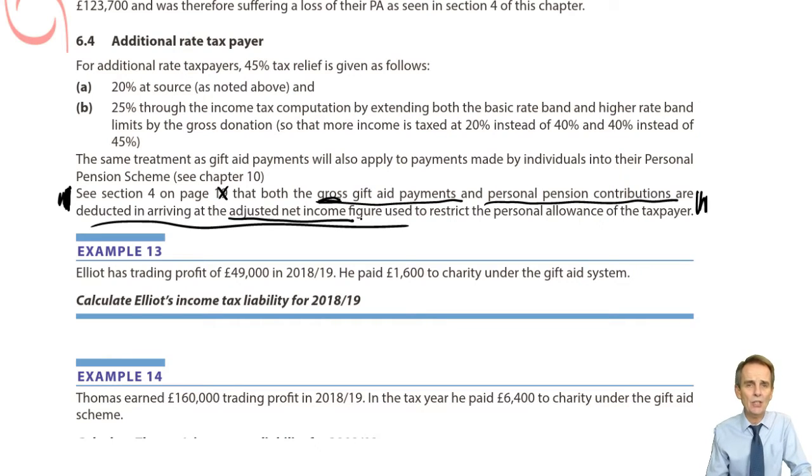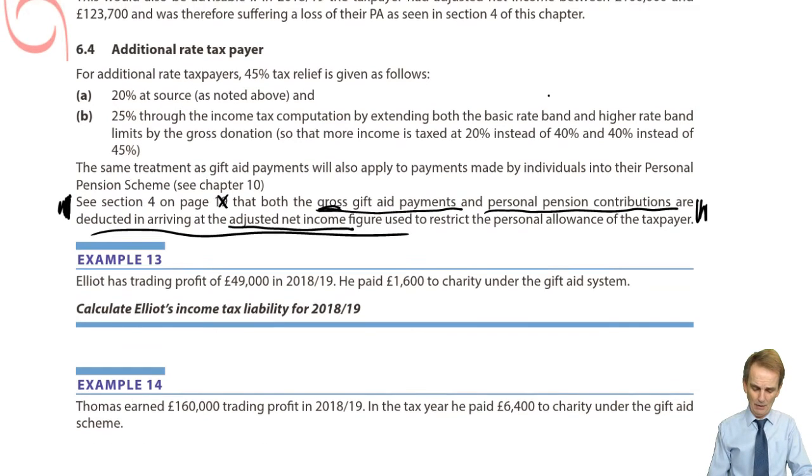If adjusted net income exceeded £100,000, we would get a reduction in the personal allowance. Once we'd reached adjusted net income of 123,700, we ended up with no personal allowance at all. So we've seen reference to them, but now we need to find out rather more about what these items are and the further significance it's going to have in terms of the calculation of our income tax liability.